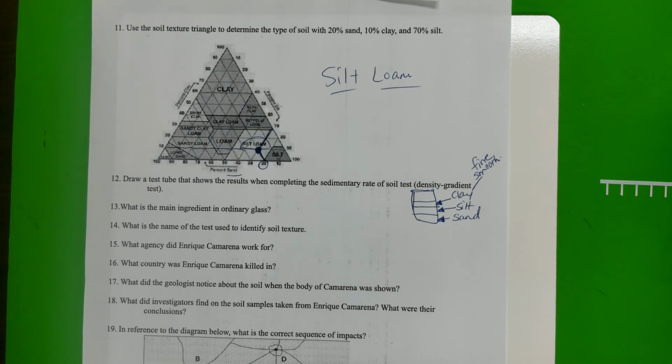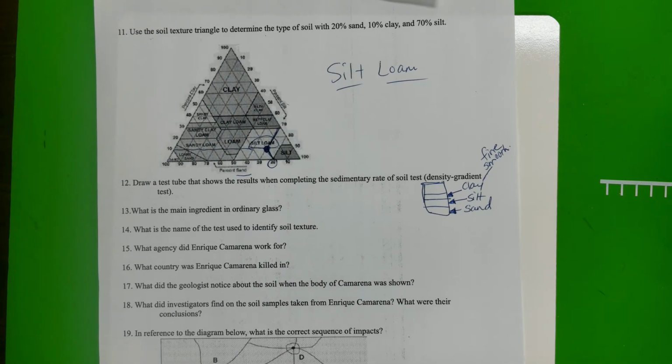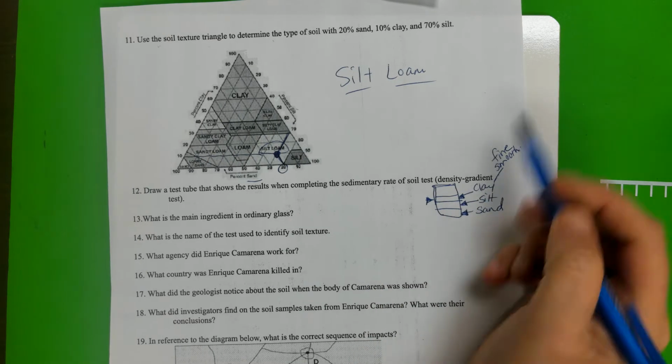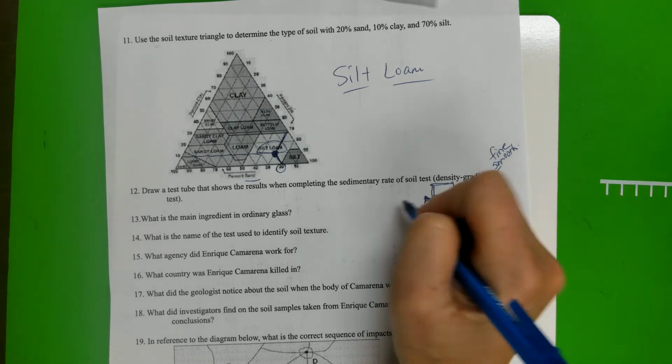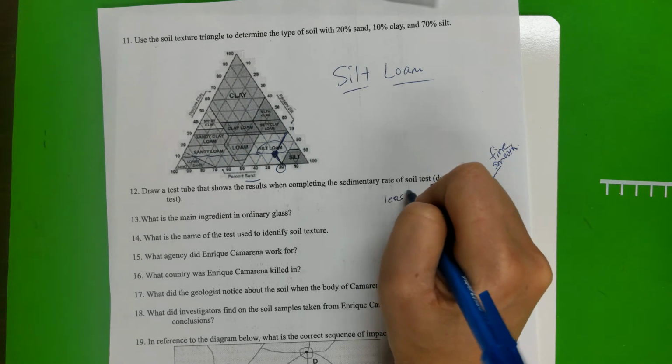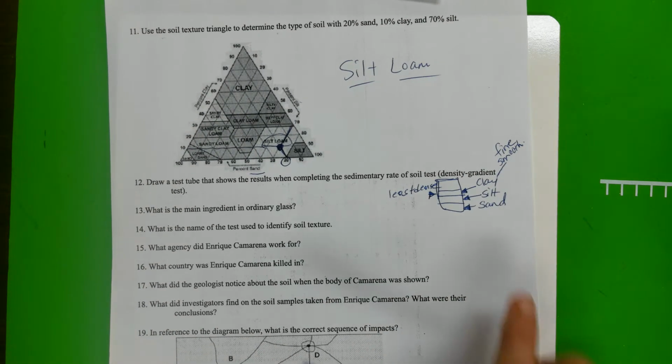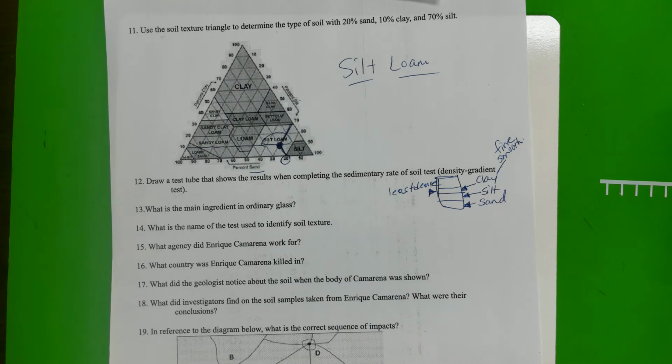Okay, fine and smooth. It's the least dense, and that's why it's at the top. Okay, and the most dense is sand.